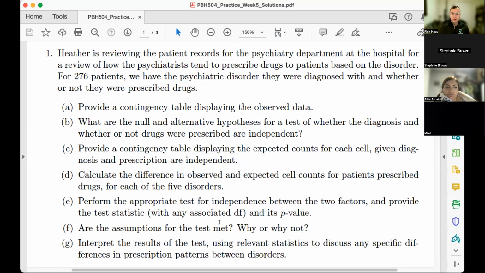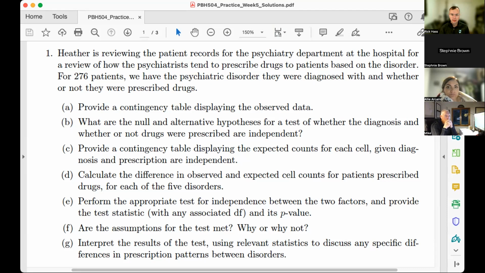You'd have a column with their diagnosis, and you'd have a column which said yes or no, they were prescribed drugs. In the olden times, you wouldn't process the data directly that way. You'd have to put it in contingency cell format first. And so just for legacy purposes, we're going to take a look at how that's done in SPSS.